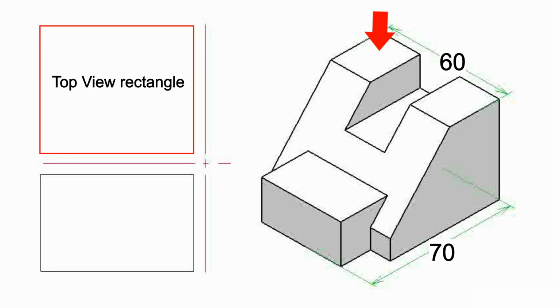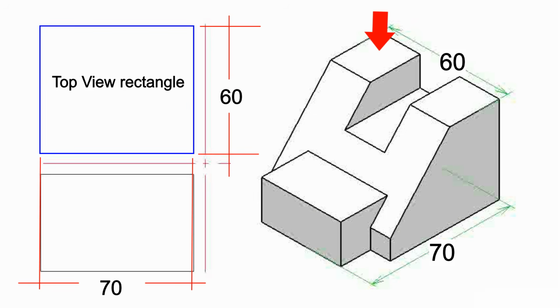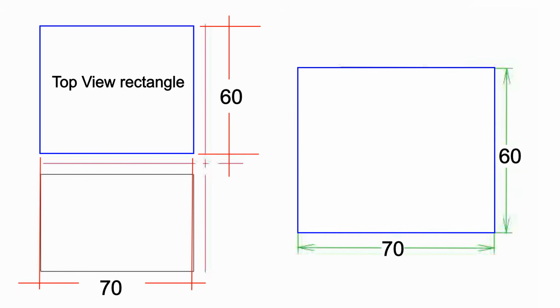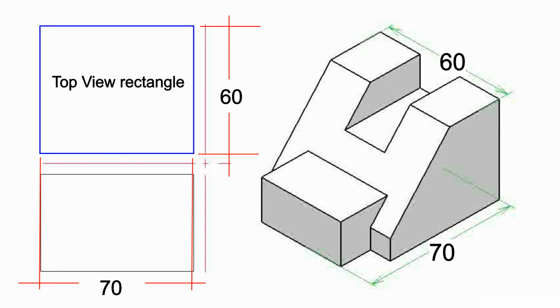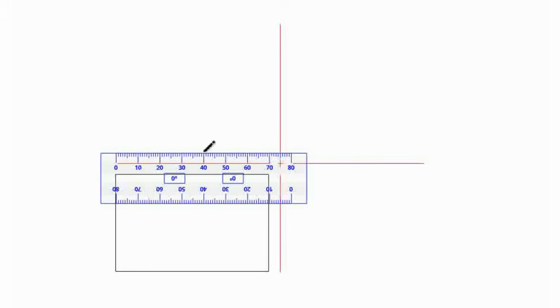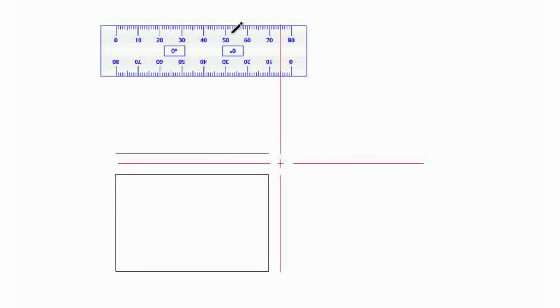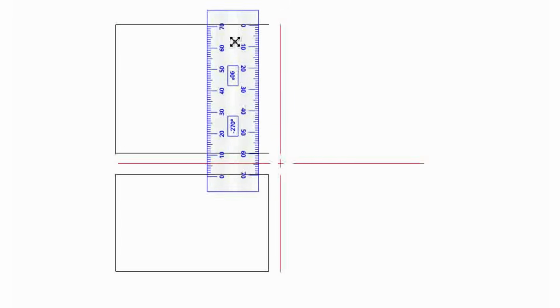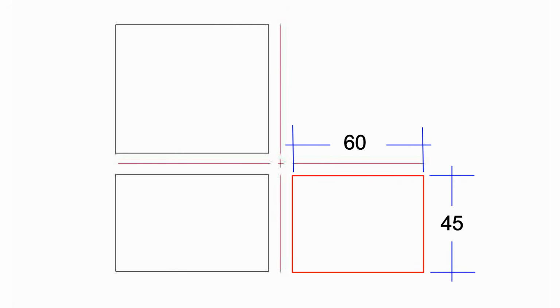Next, draw the top view rectangle, 60 by 70. Finally, draw the side view rectangle, 60 by 45.